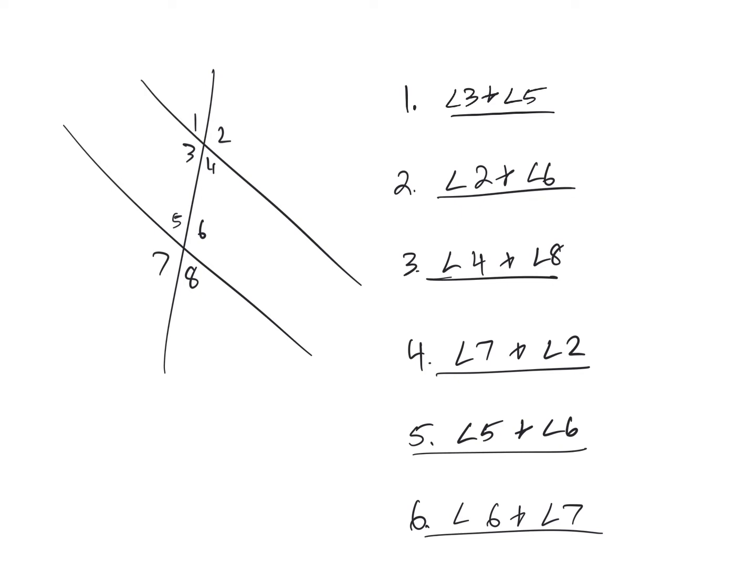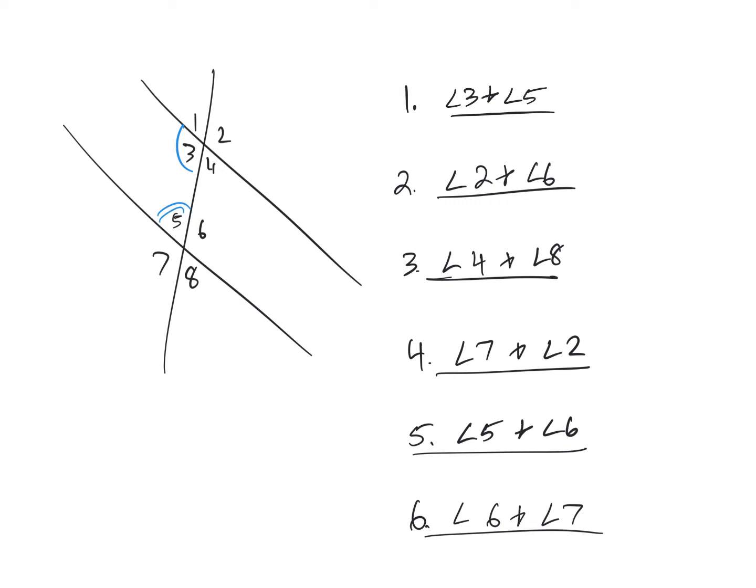3 and 5 are on the same side of the transversal. So it's either corresponding or consecutive. So angle 3 is obtuse, angle 5 is acute. Two acute angles do not add up to 180. That means they'd be equal. Two obtuse angles do not add up to 180. They would have to be equal. But you have an acute and an obtuse angle.